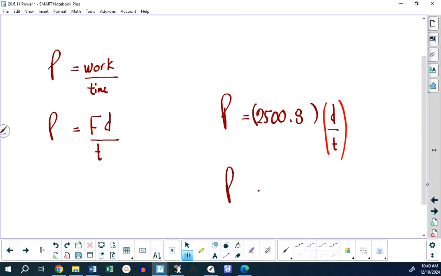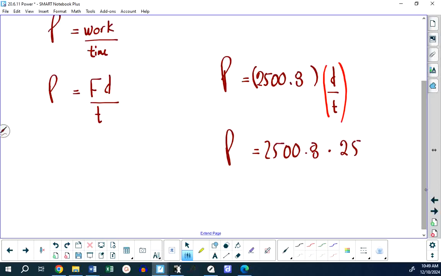So your power equals 2,500.8 times 25 meters over 1 second.